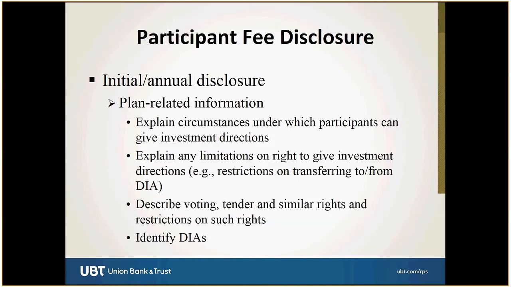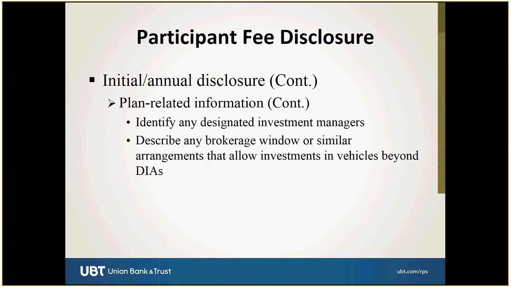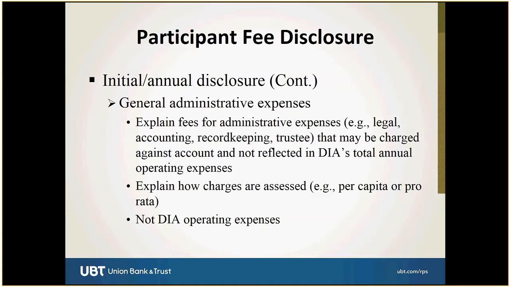You need to tell participants about their plan. You need to identify the plan's designated investment alternatives. Describe any brokerage window. You need to provide expense information. This can be the general expense information that all participants have: legal fees, Form 5500 fees, record keeping fees, trustee fees. If the employer is paying these fees, you don't need to disclose those fees to participants.